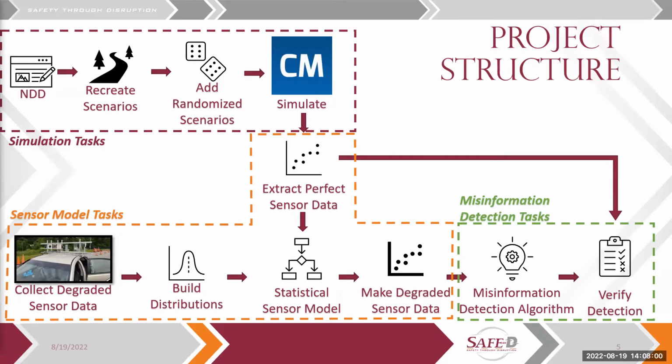And from that, we build a statistical model, layer all of these distributions that we see, and then once we have that, we're able to feed the simulated sensor data through that to generate degraded sensor data at various levels.